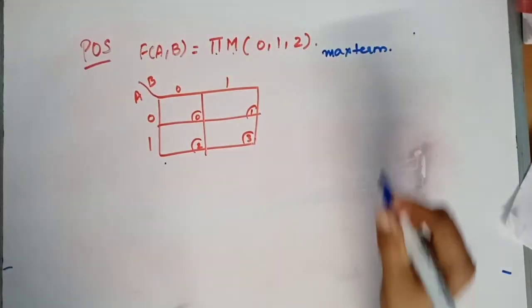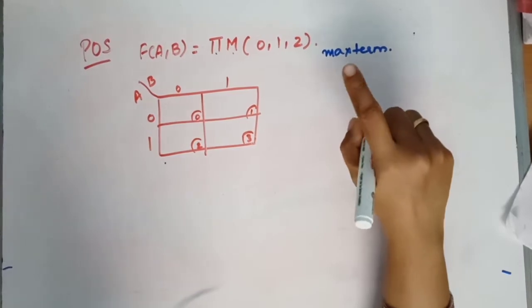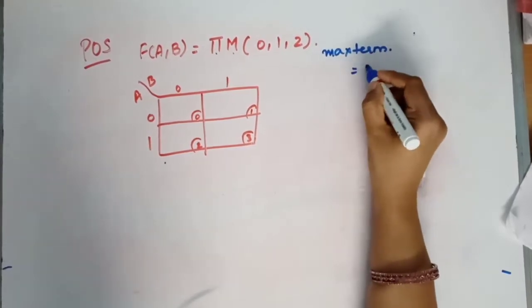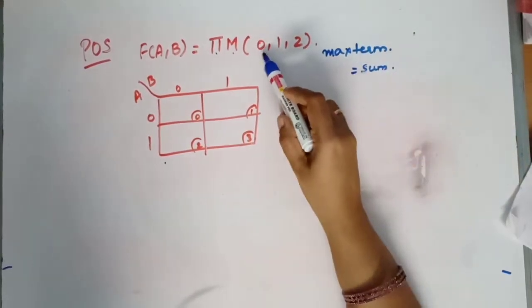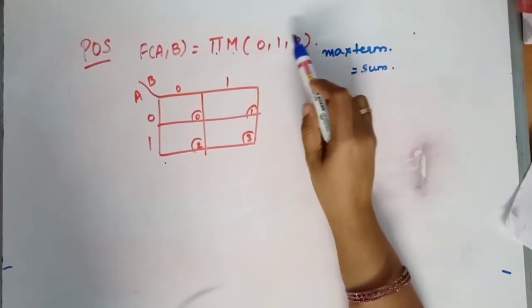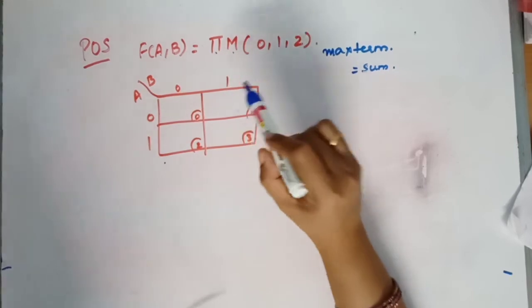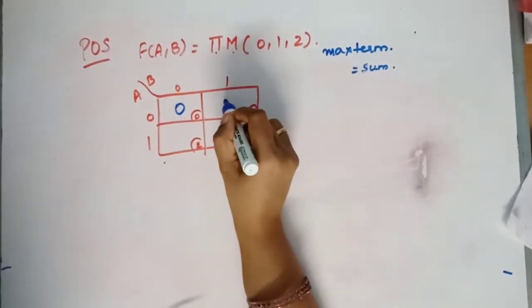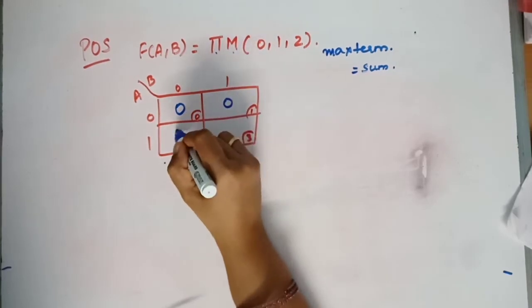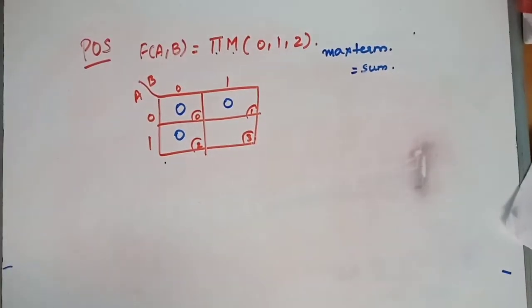Now what is a max term? In the case of min term, it was product. Max term is sum. And whatever cell numbers you are giving, at those cell numbers you will be putting a 0. Then grouping.